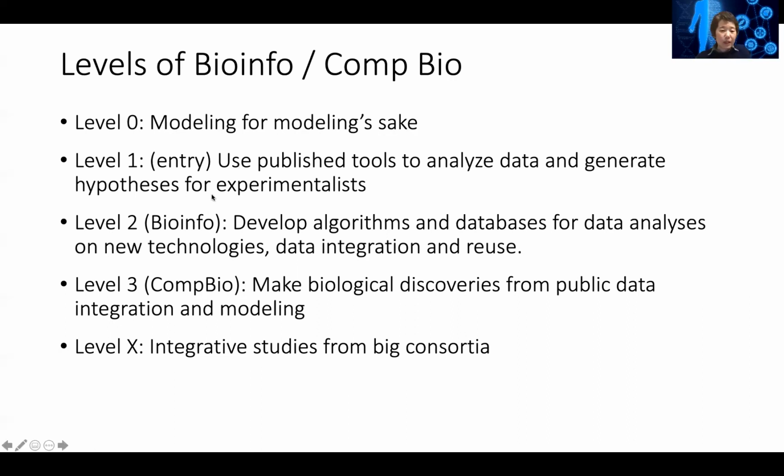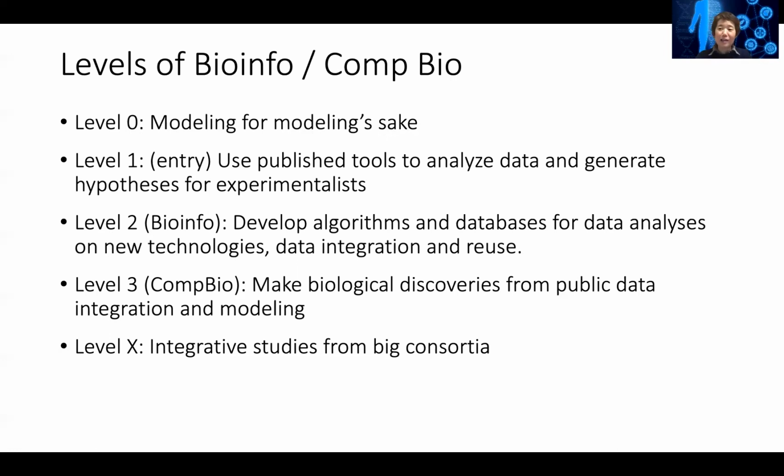The difference between level 1 and level 2 is, in level 1, because you are using published data, you can only help your collaborator, whereas in level 2, once you have the algorithm, many groups in the public can use your published algorithms and analyze their own data.